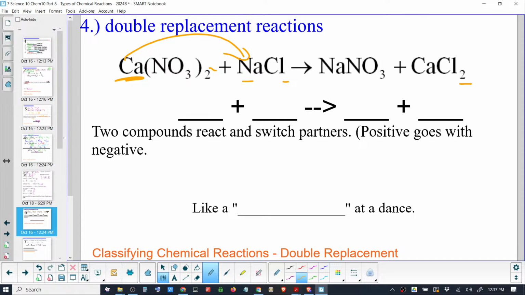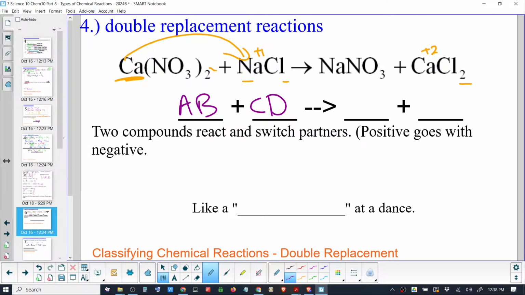Again, why does this have 2 and that only has 1? Charges. This is +1. This is +2. The number you have is based on the charge, not what was there beforehand. They change depending on who their partner is. So in every case, if you have AB plus CD, who is going to be A's partner?